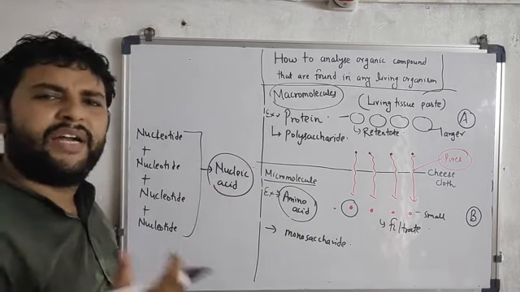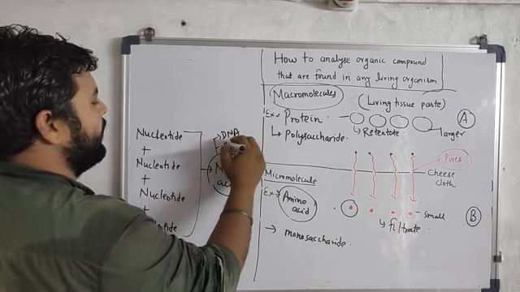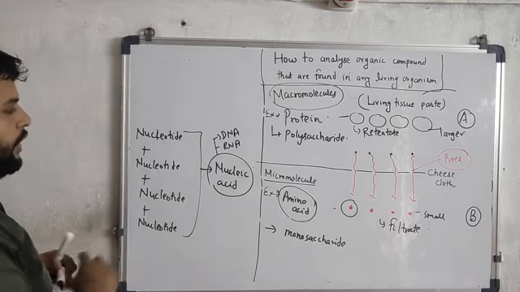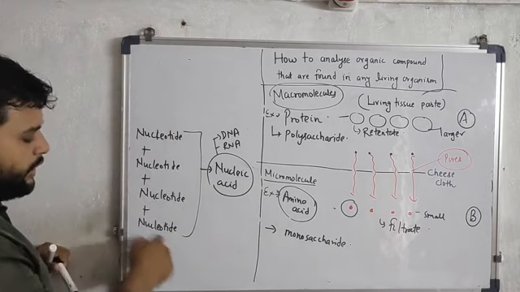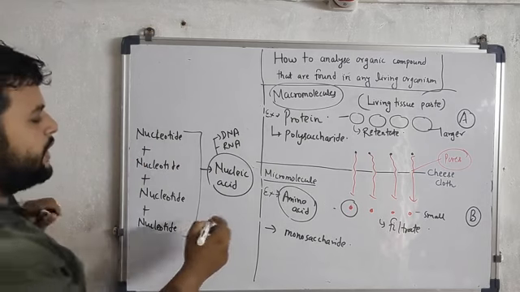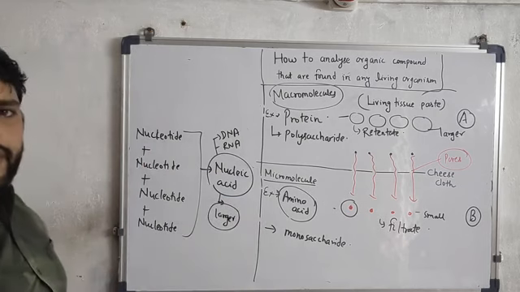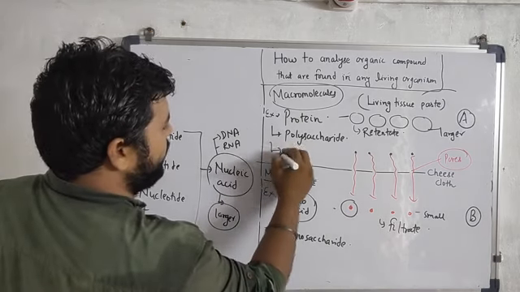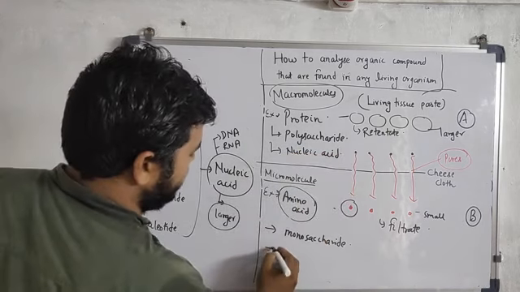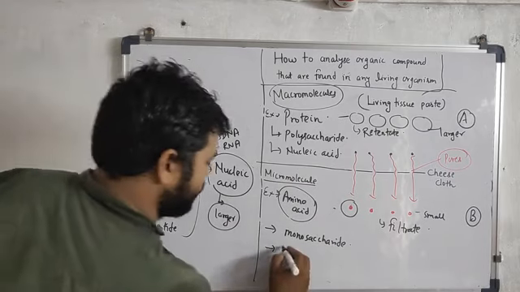Nucleic acid simply means DNA or RNA, deoxyribonucleic acid or ribonucleic acid. So small nucleotides combine to form a larger molecule called nucleic acid. In the macromolecule section there will be nucleic acid, and the smaller unit will be nucleotide.